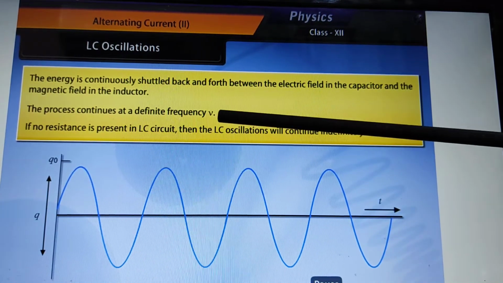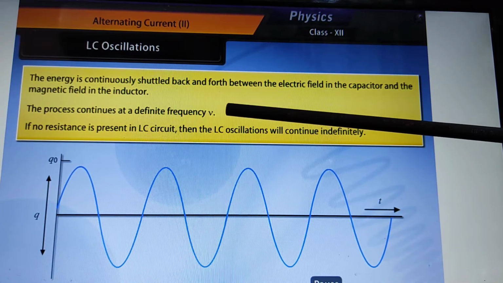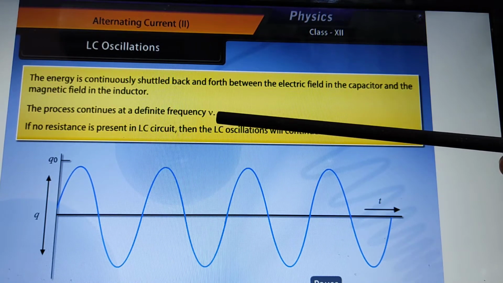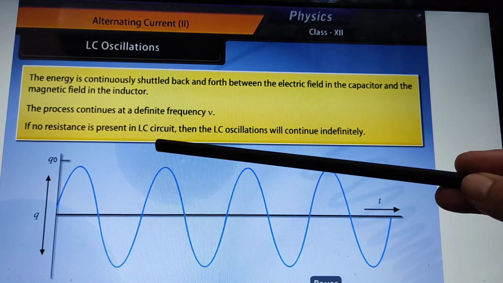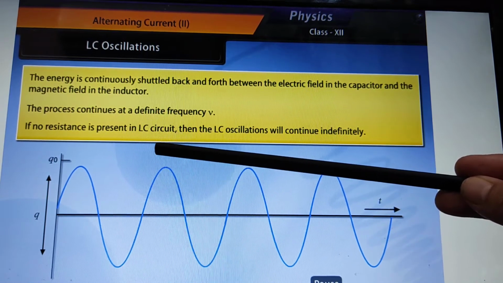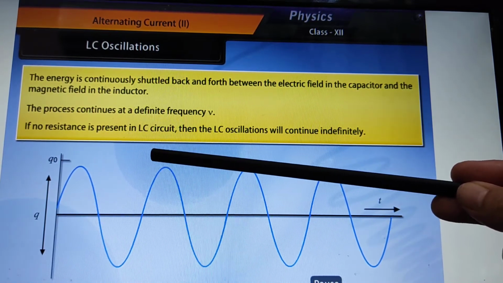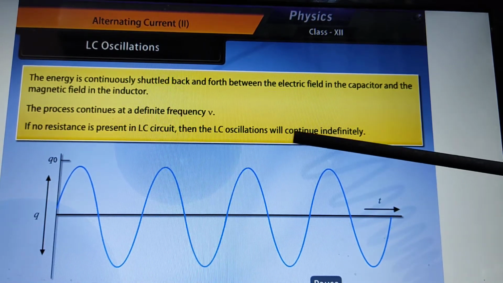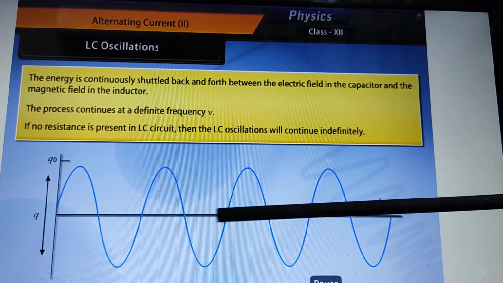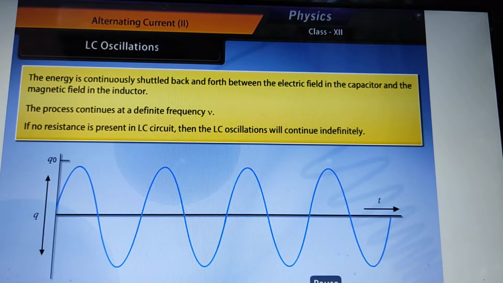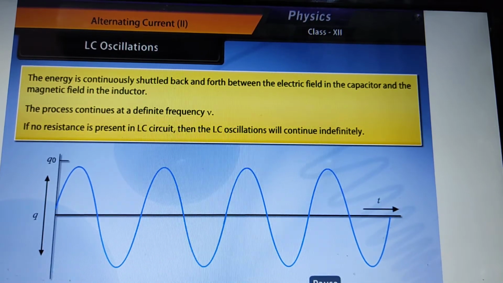The process continues at a definite frequency ν. If no resistance is present in the LC circuit, which is an ideal situation, which is not possible, then the LC oscillator will continue indefinitely. तो वो continuously n time तक move करता रहेगा.